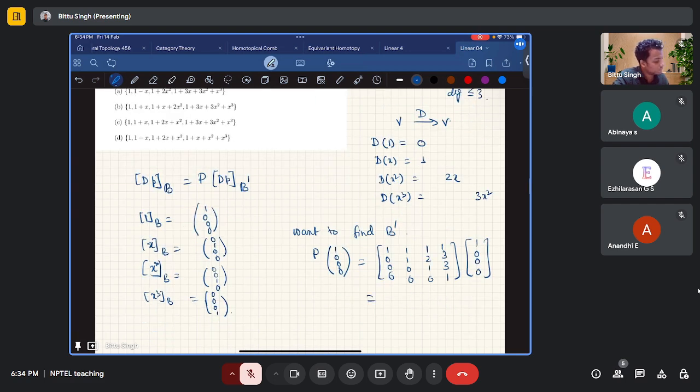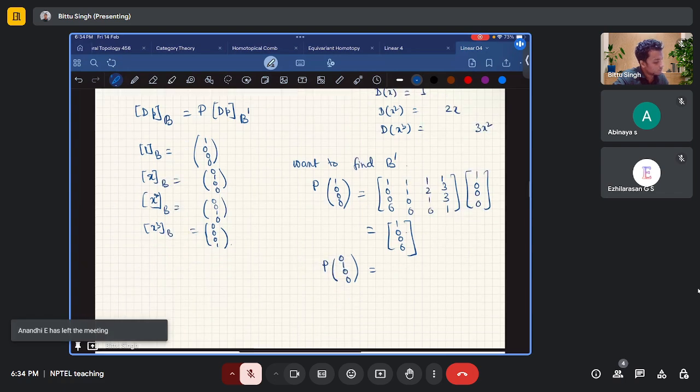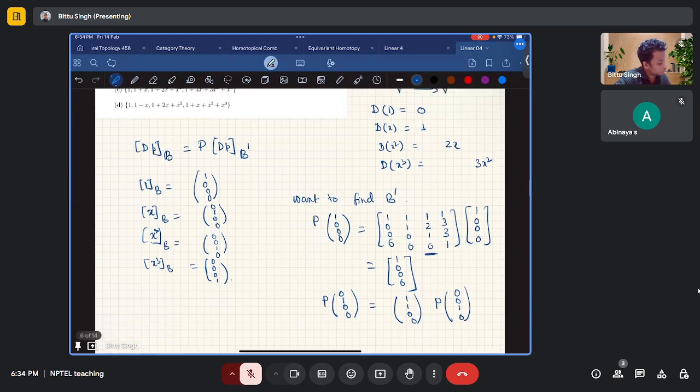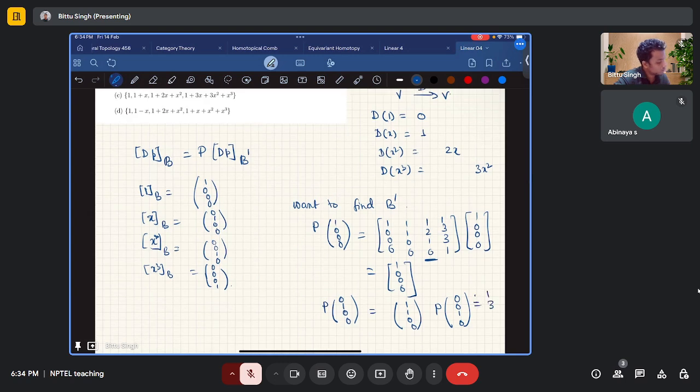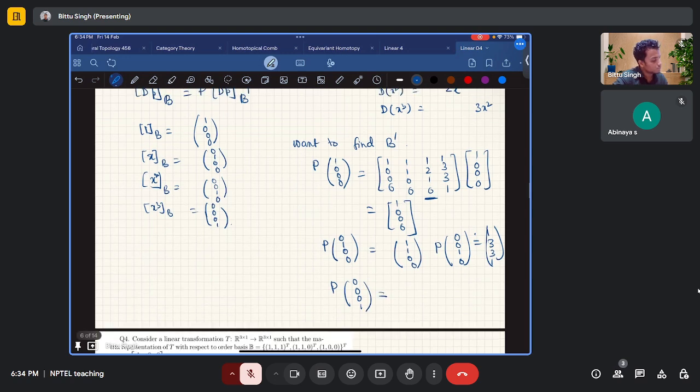So it is same as first column, 1 0 0 0, right? Similarly, P applied on 0 1 0 0, this will be the second column, 1 1 0 0. P applied on 0 0 1 0, this will be the third column, 1 2 1 0. P applied on 0 0 0 1, this is fourth column, 1 3 3 1.